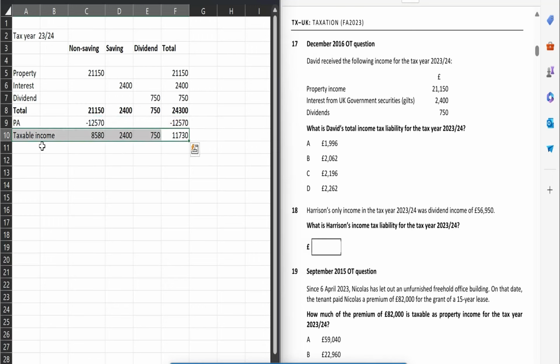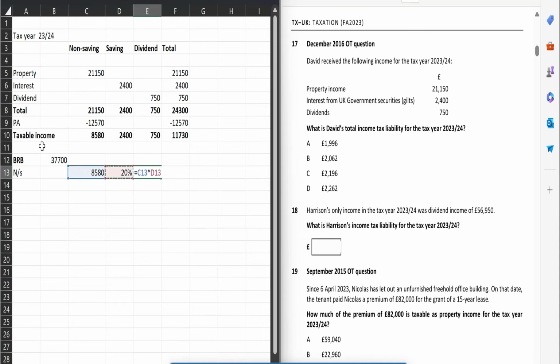So this is our taxable income, right? So we will first calculate the basic rate band, which is 37700, and it will be first consumed by non-saving. The amount is 8580 at the rate of 20%, right? Multiplying these two, we will get 716.